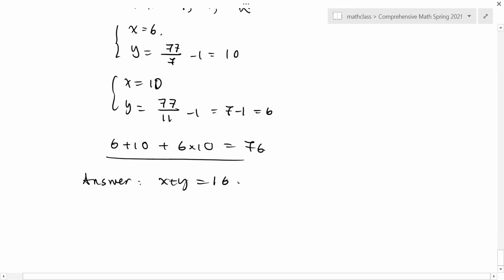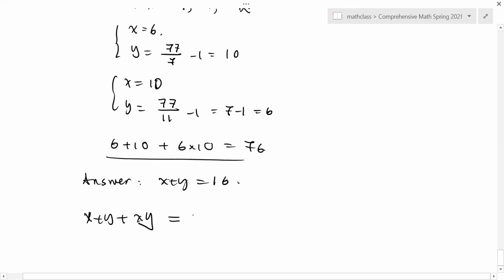Another way to solve the problem is a little bit tricky here. Another way is to look at x plus y plus x times y. Well, it's not going to be a product of terms.